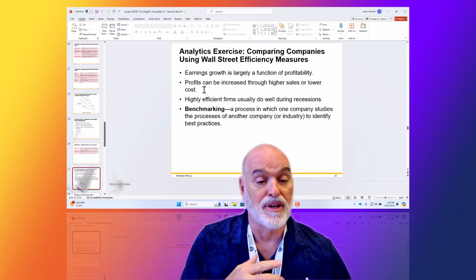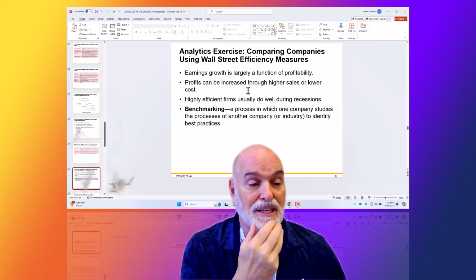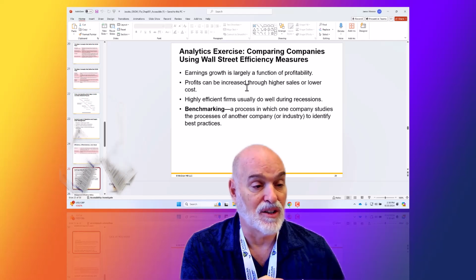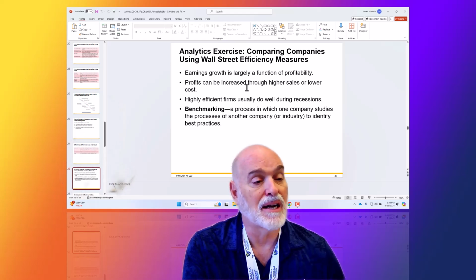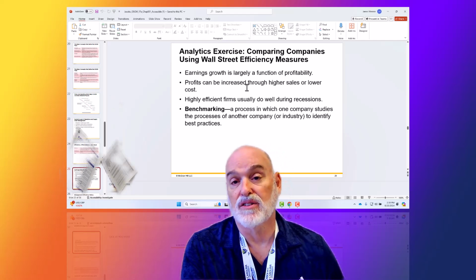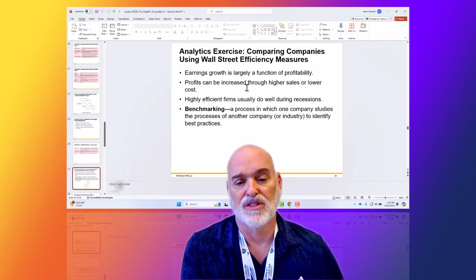I prefer a company that has increasing profits and higher sales at the same time, because sometimes the company will increase its sales and it looks really good at the top line, but the bottom line is that expenses are increasing and the profit is decreasing. A company can buy sales by acquiring another company, but then they may have additional costs involved in getting those sales.